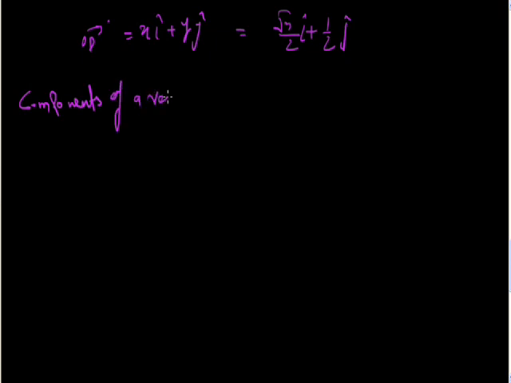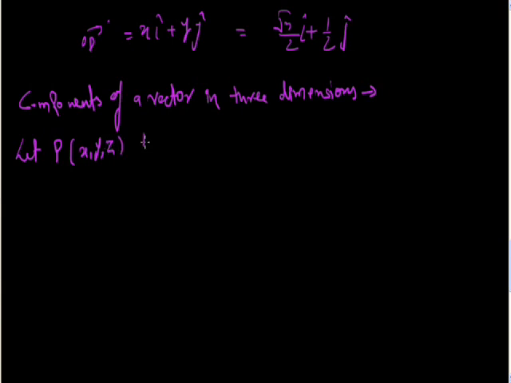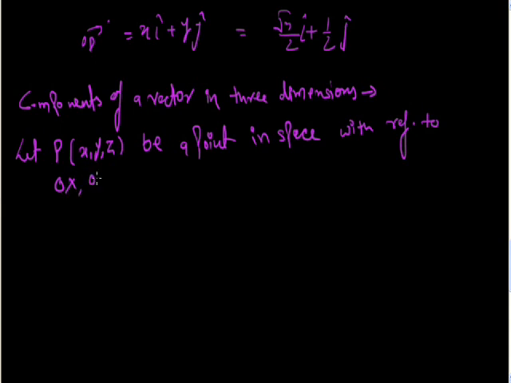Now let's take the next topic: components of a vector in three dimensions. Let P(x, y, z) be a point in space with reference to OX, OY and OZ as the coordinate axes.